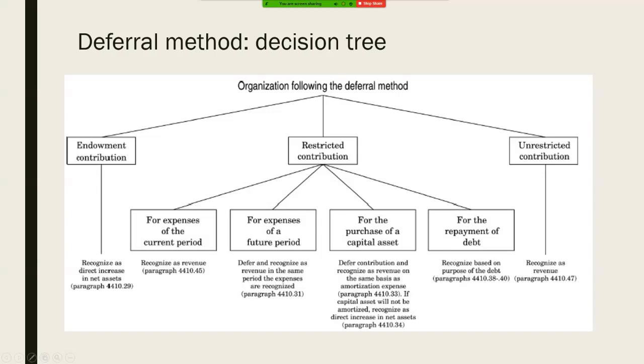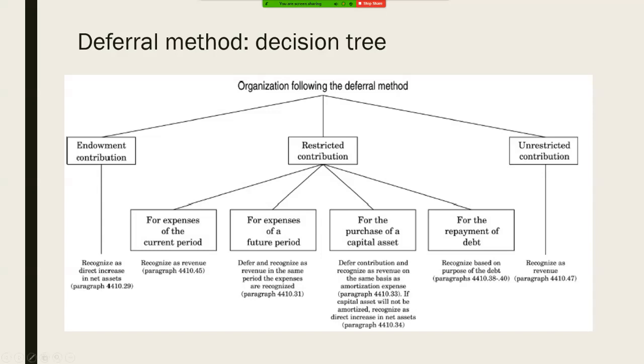So the big question is, will there be an expense in the future? If yes, defer for the time being, later on bring into revenue, matching revenue to expenses. If the capital asset is non-depreciable, record as a direct increase to net assets.